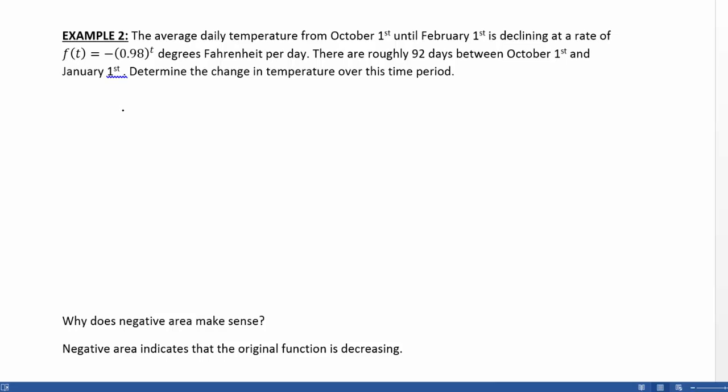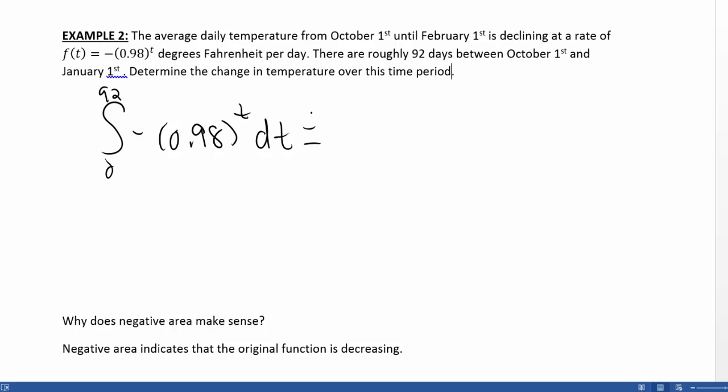If we were to integrate this function from 0 to 92, what would happen is we would find out the total change in temperature. So the original function here that we're referring to is temperature. We are given the derivative of the temperature function. And by looking at the area under this function, we can tell how much the original function changed, or how much the temperature changed over this time period.